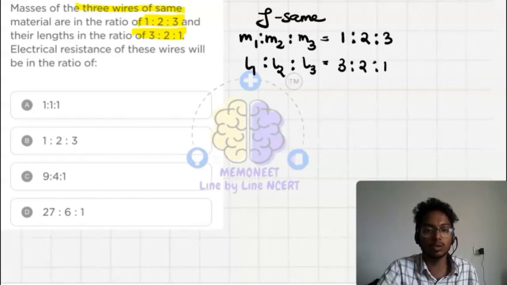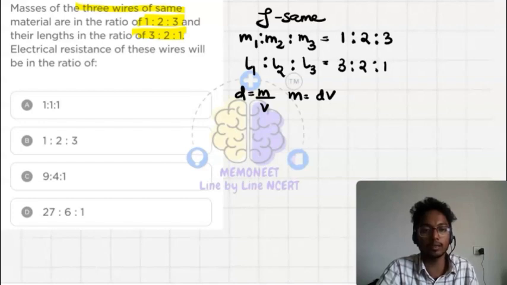So we know that density is equal to mass upon volume. So mass is equal to density into volume, and volume we can write as area into length. So for the masses we have density into A1 into L1, is to D into A2 into L2, is to D into A3 into L3, equals 1 is to 2 is to 3.